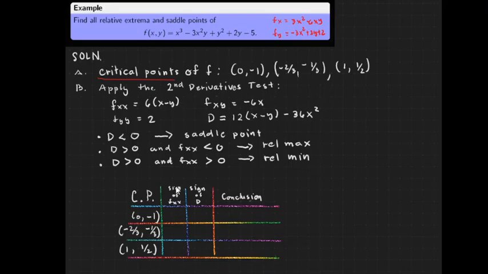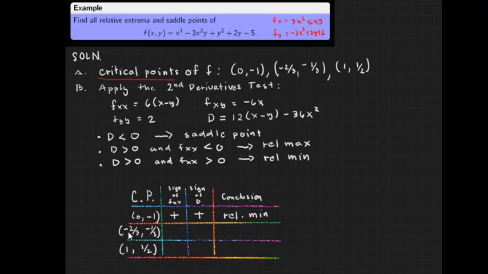So at (0, negative 1), clearly the sign of fxx is positive, while for D, since x is 0, 36 times 0 squared is 0, and the other term is positive, then we have a positive discriminant at (0, negative 1). And we conclude that f has a relative minimum at (0, negative 1).